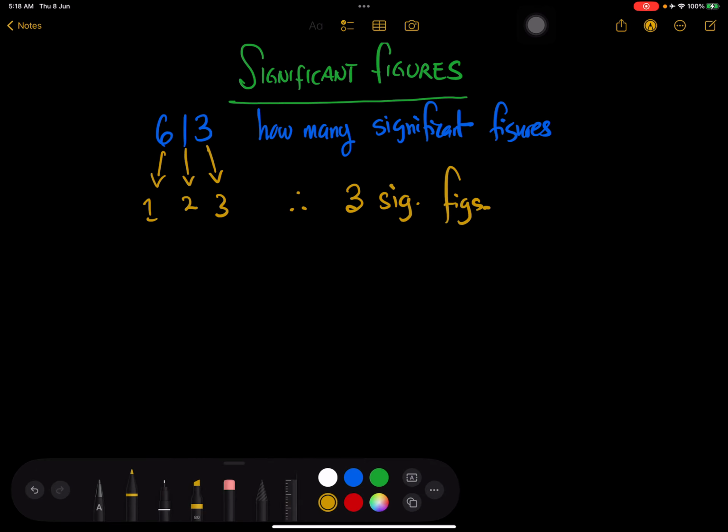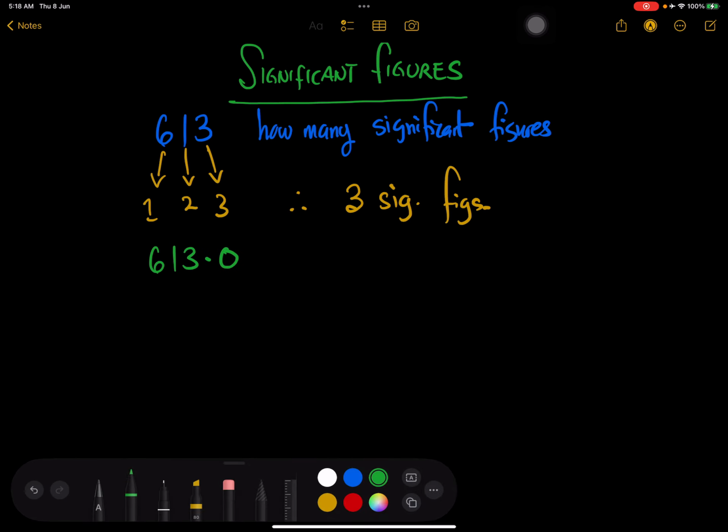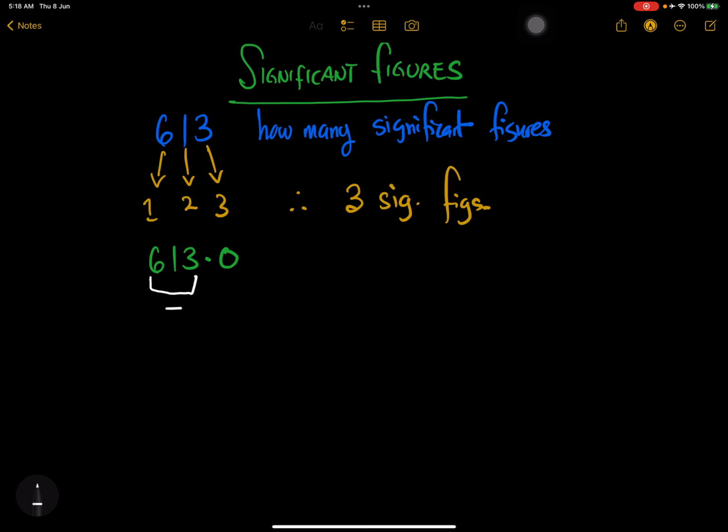Let's have this thought for a second. Imagine that it is 613.0, for example. Remember that we said this number here is not zero, and it is coming before the decimal point.